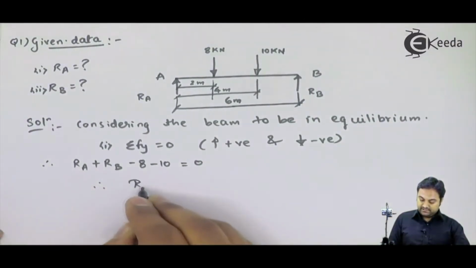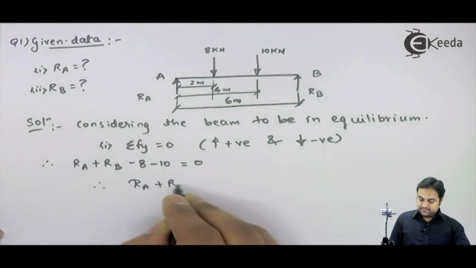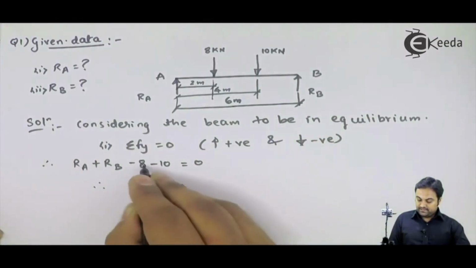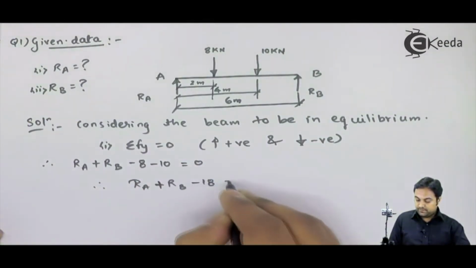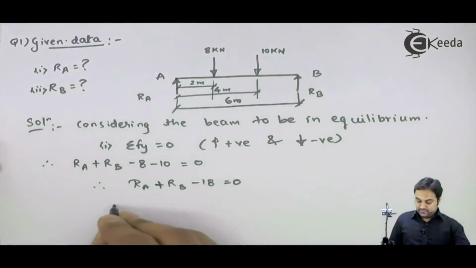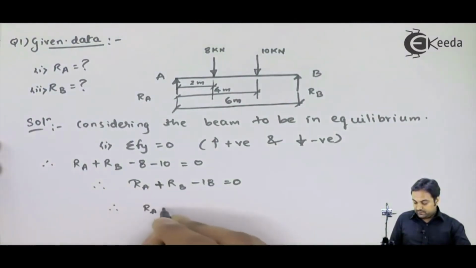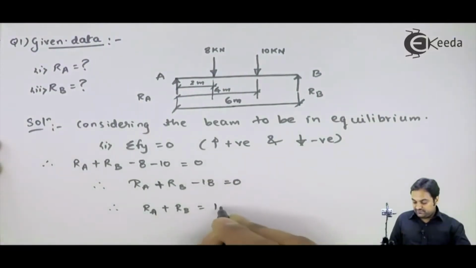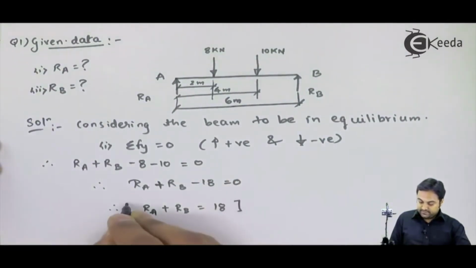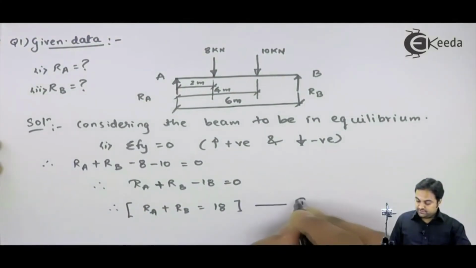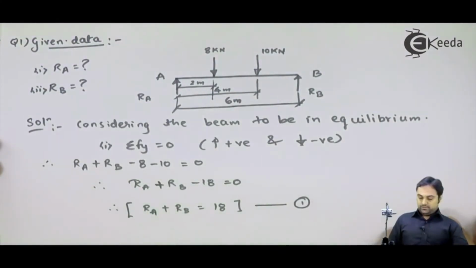Hence, RA plus RB minus 18 is equal to 0. Therefore, RA plus RB is equal to 18, I'll shift 18 onto the other side, and this is my equation number 1.